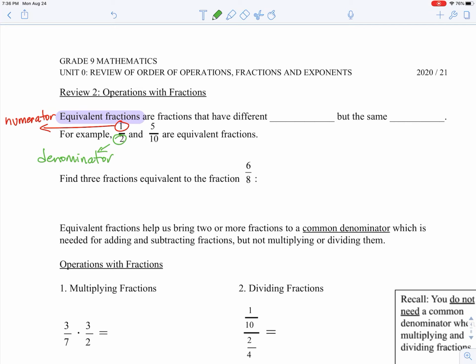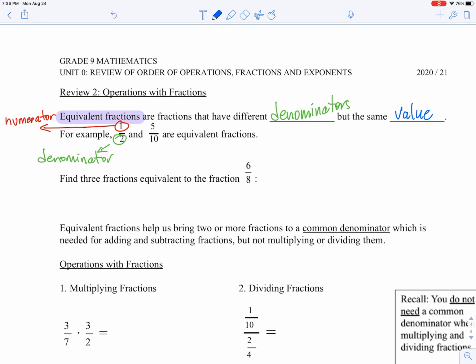So equivalent fractions are fractions that have different denominators, but they have the same value.